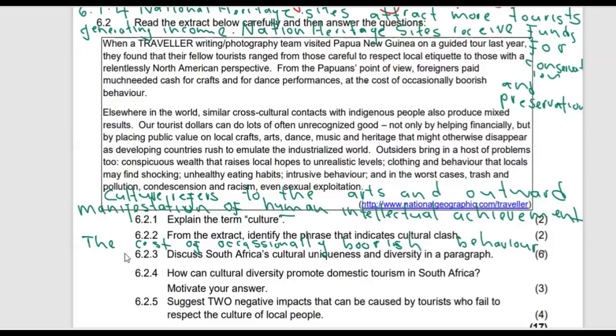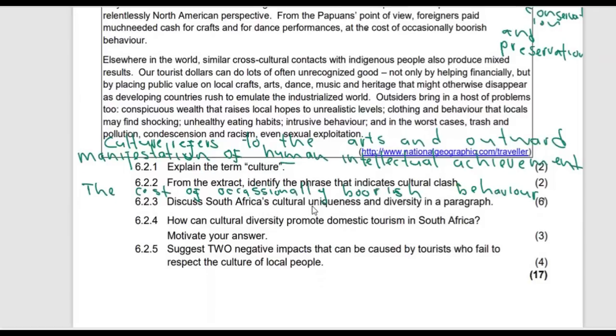Discuss South Africa's cultural uniqueness and diversity in a paragraph.